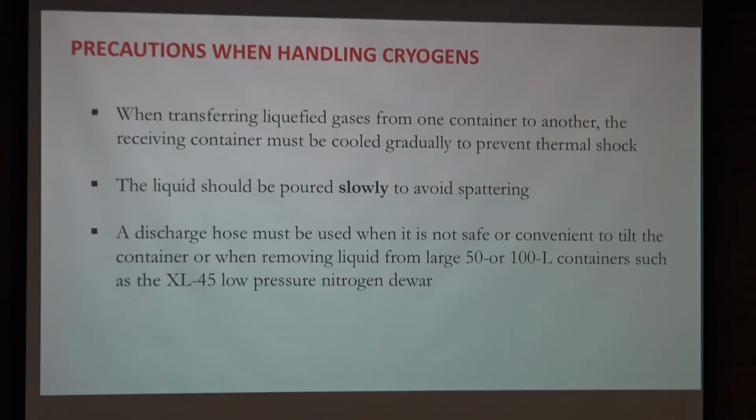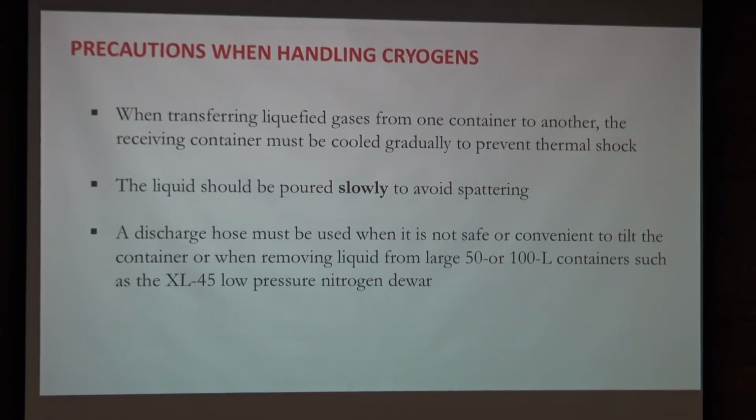Also, if you handle big containers like 50 or 100 liter containers, once you have to start tilting those or pouring things in or out of them, it's much safer if you have an actual hose pipe them through.